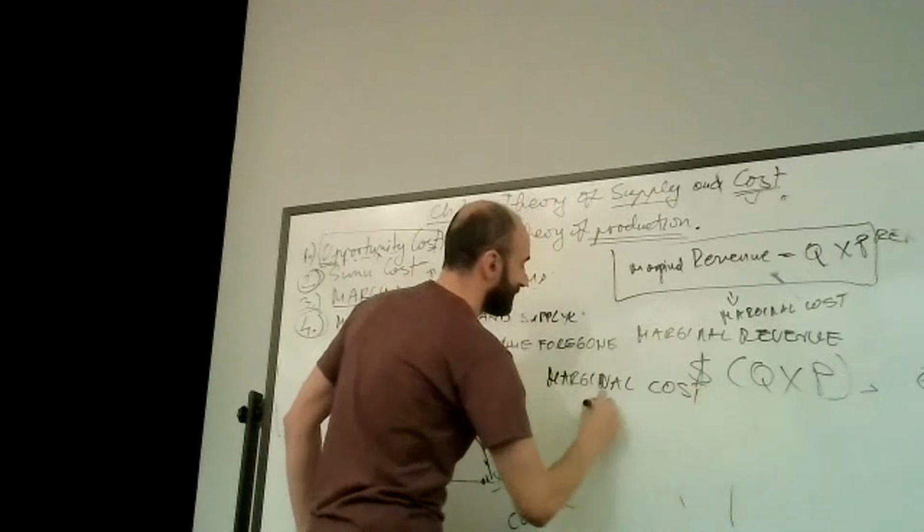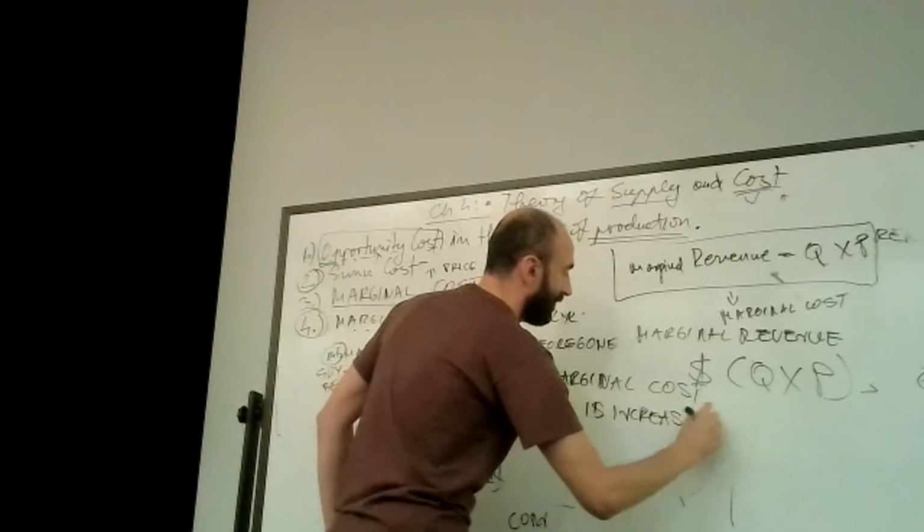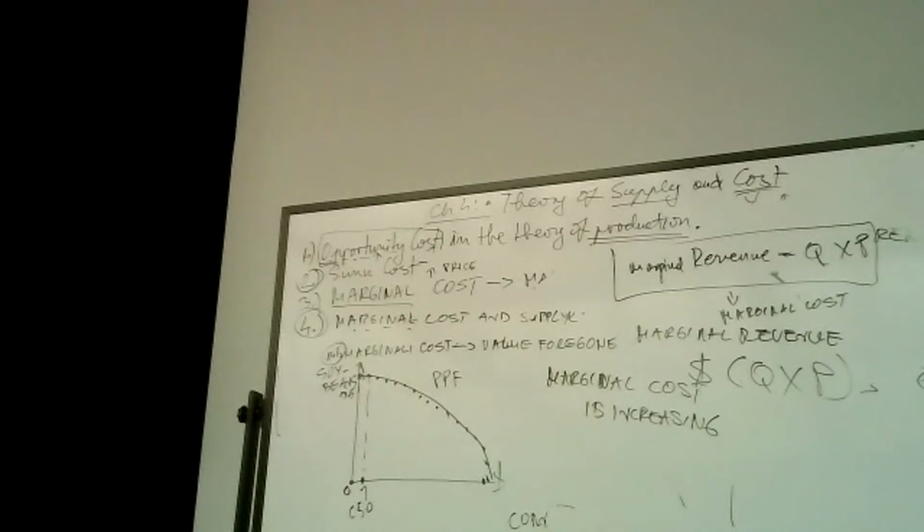Marginal cost is increasing. That means the value of sacrificing the next unit of soybeans is higher than the previous one.